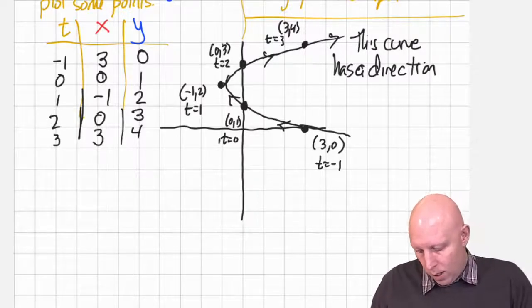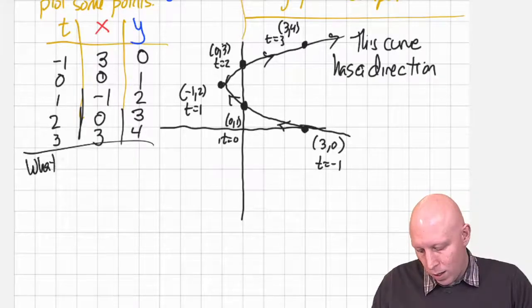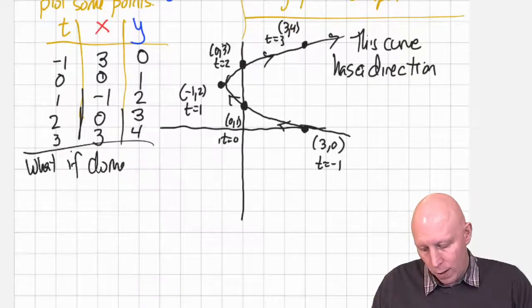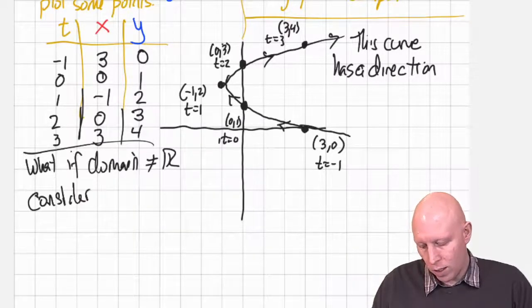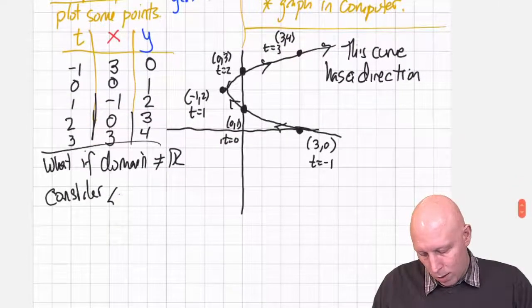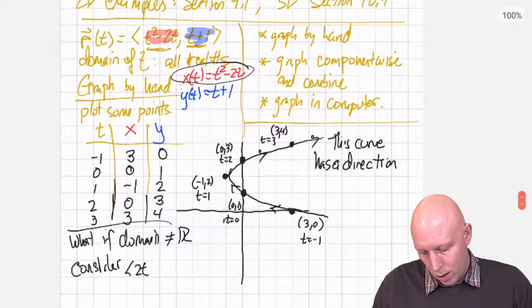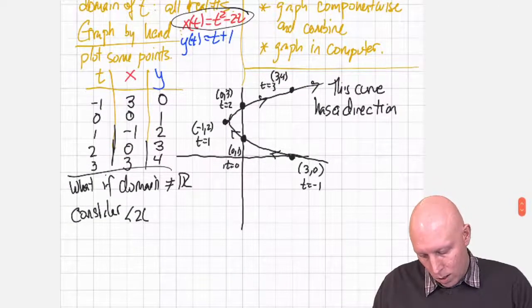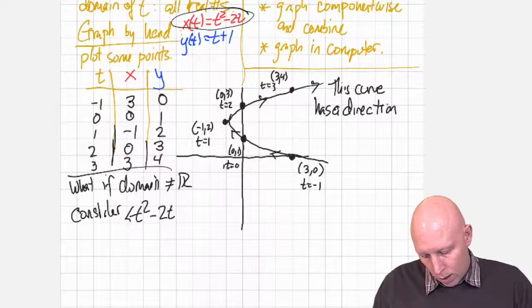While we're here, let's talk about what if the domain is not all real numbers. So consider this function. The function we had before was t squared minus 2t, comma t plus 1.